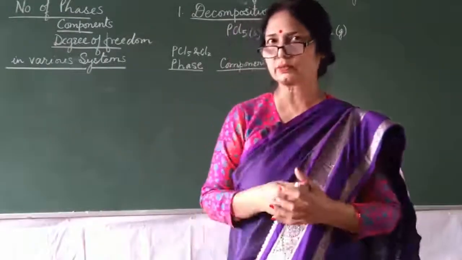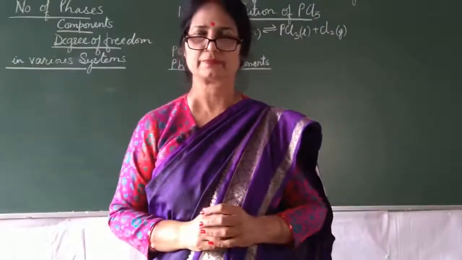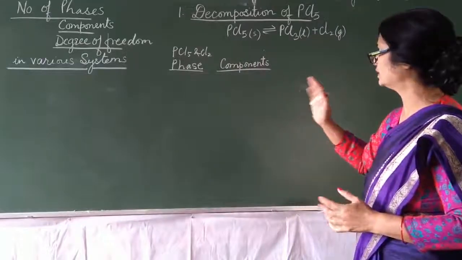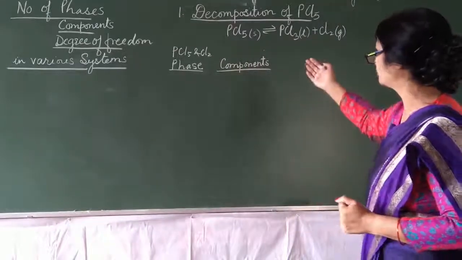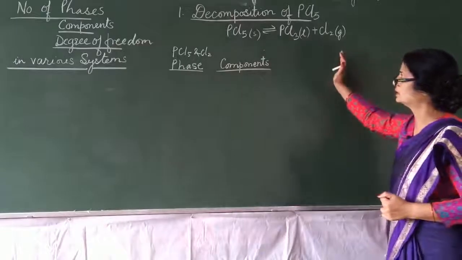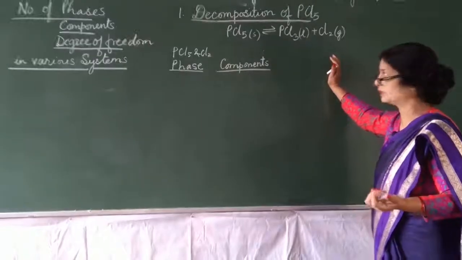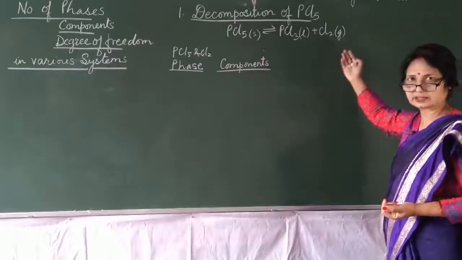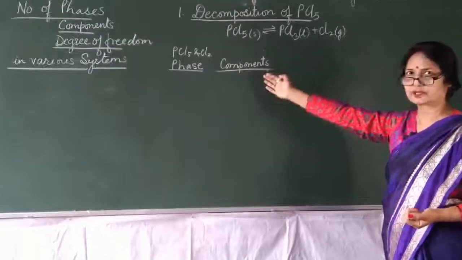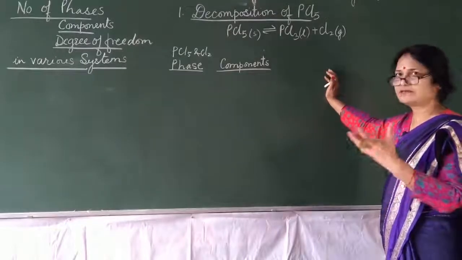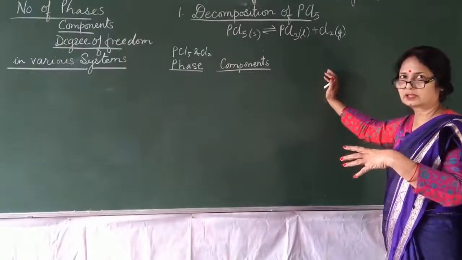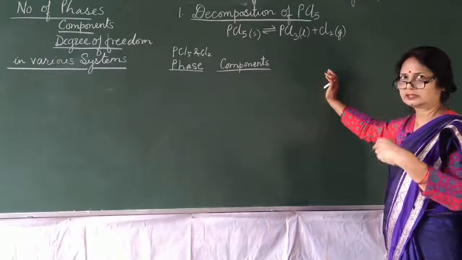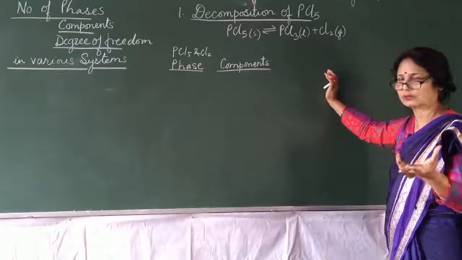So now let's calculate the number of components over here. If we view this equation, we find that there should be 3 components in fact. One is PCl5, another is PCl3, and another is Cl2. But all the phases in this system can be represented by two components. And let me tell you how.